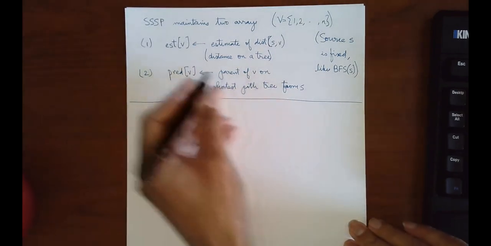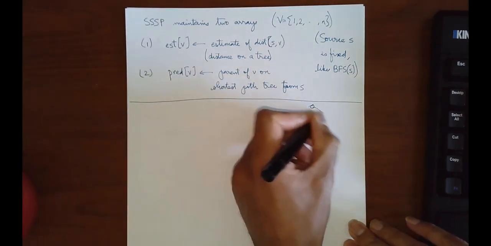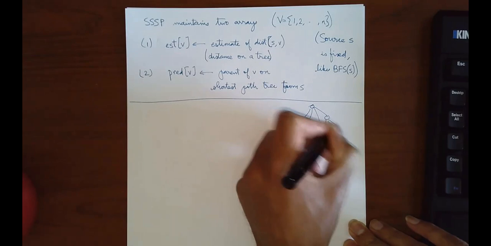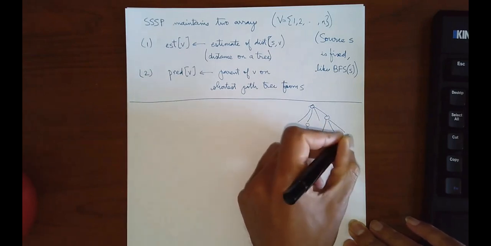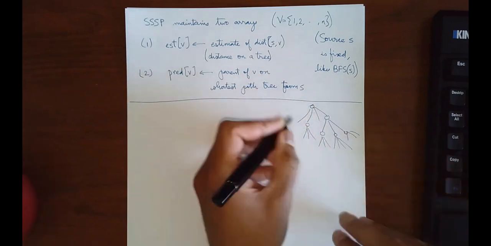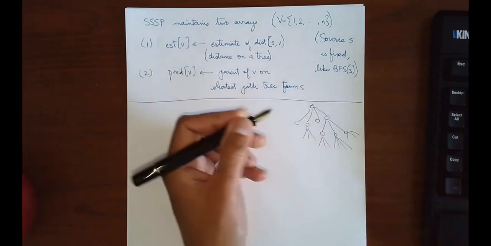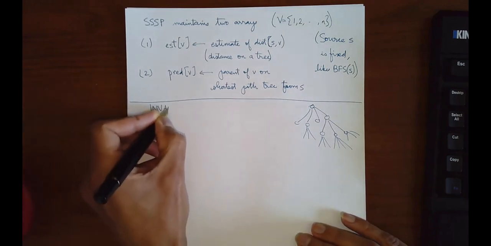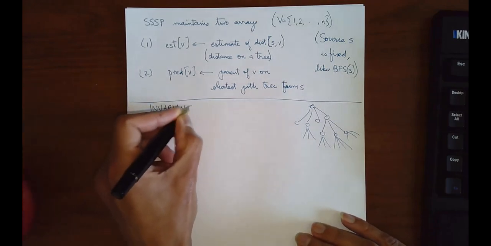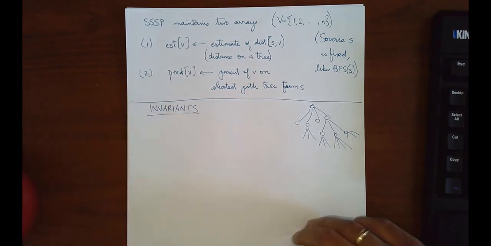So remember that the predecessor is maintained some kind of parent. So we have some parents as before. Now, it's going to build this tree slowly, but it's going to be a lot more complicated than BFS. But it's going to maintain these invariants. So these invariants are properties that are going to be true at all times during the algorithm.